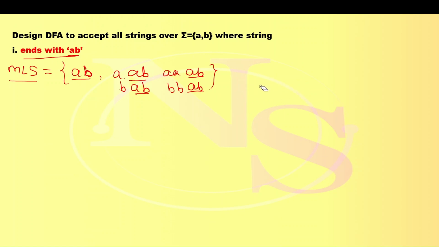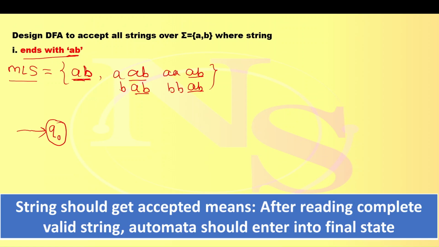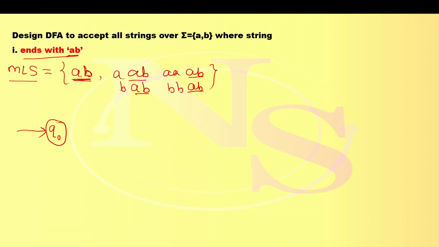As a DFA consists of multiple states, states are represented by circles. Q0 is our starting state. There is no epsilon, so Q0 is not a final state. AB should get accepted. It means what? By reading AB, the automata should go to the final state. One state reads one symbol at a time. So Q0 reading A will go to state Q1.